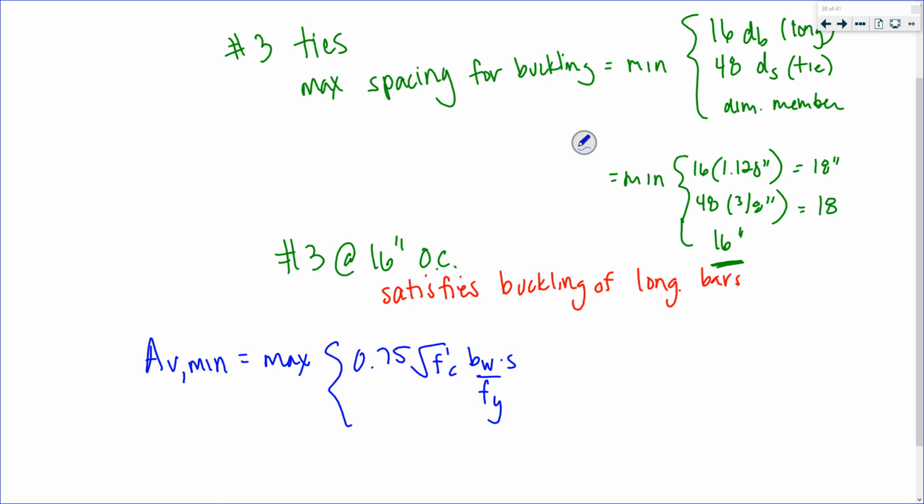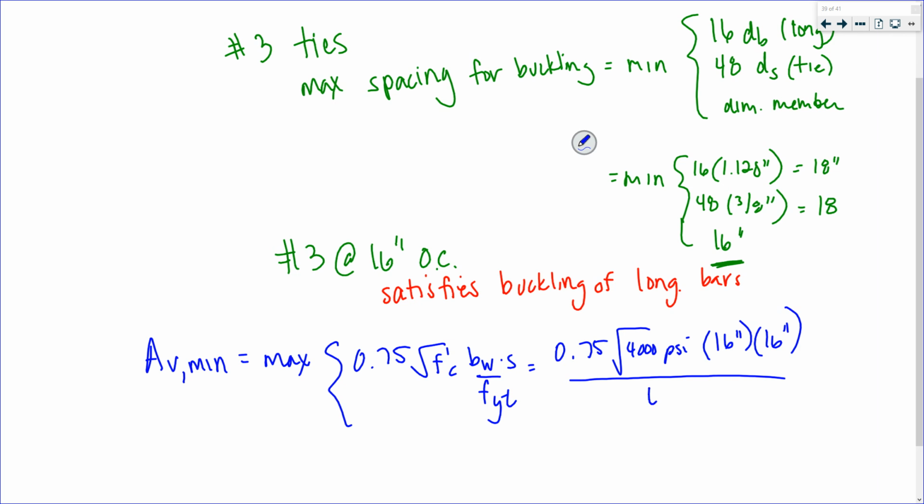Assume our transverse reinforcement is grade 60. So 0.75 square root 4,000 psi, 16 inches. My spacing, I say, is 16 inches, over 60 ksi, 60,000 psi.